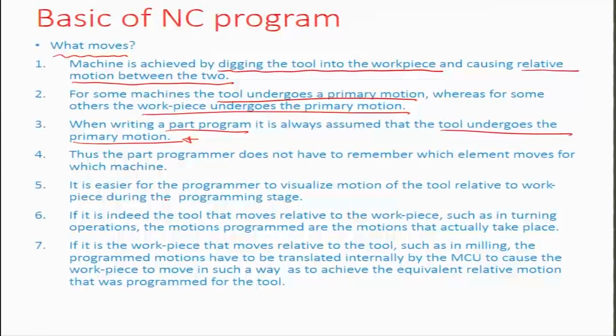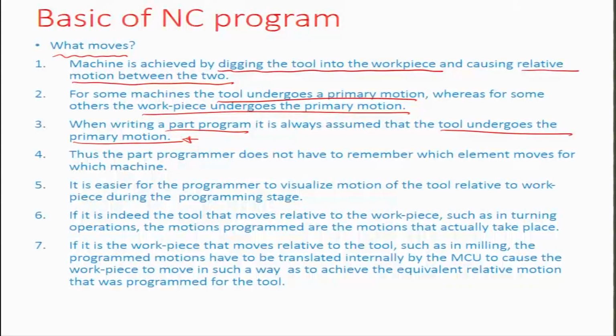In case it is an optimization problem, in case the controller realizes that the program is written for principally incorporating tool motion, but it may mean a lot more tool path, then automatically in some cases the workpiece motions are executed.